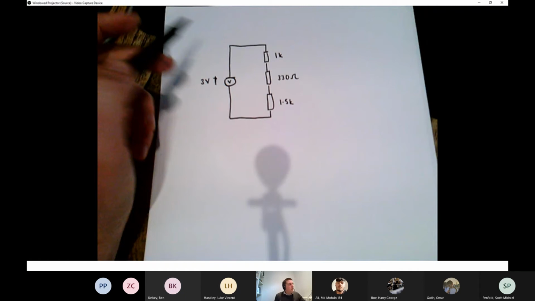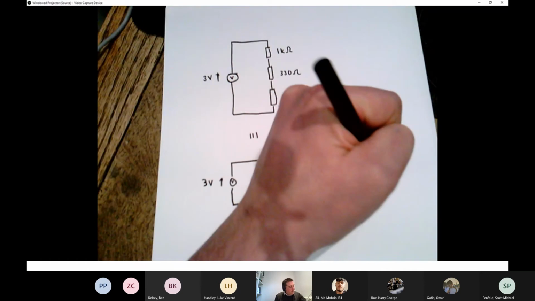And now we know the voltage, we know the resistance, and so we can say, okay, V equals IR, therefore I, the current, is voltage divided by resistance, is going to be 3 divided by 2880. Sorry, I've done that addition wrongly in my head. It's 2830.